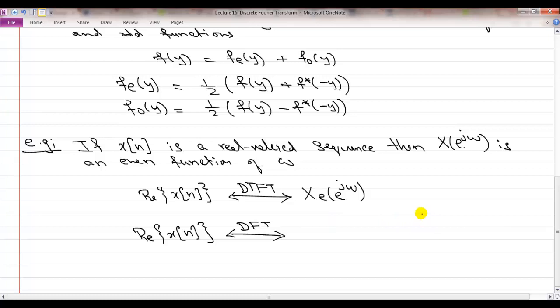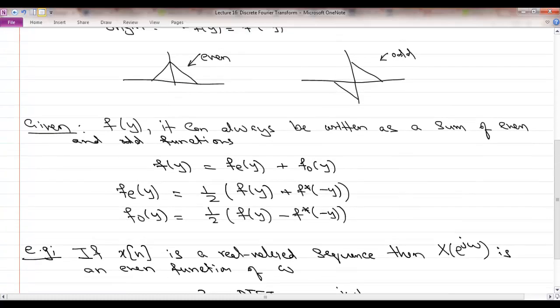So if x of n had a DFT of x of k, you're not going to simply put x e of k here.